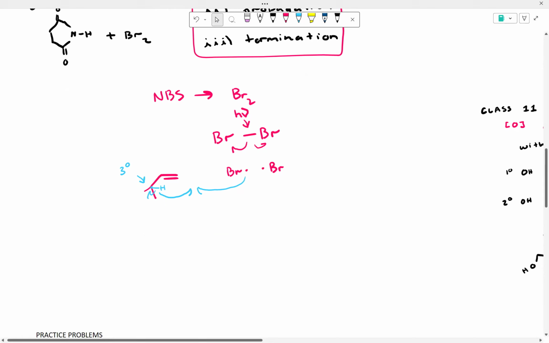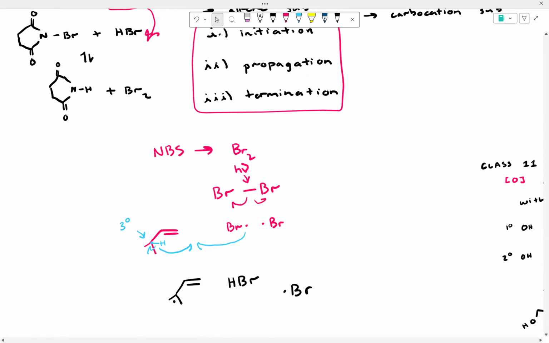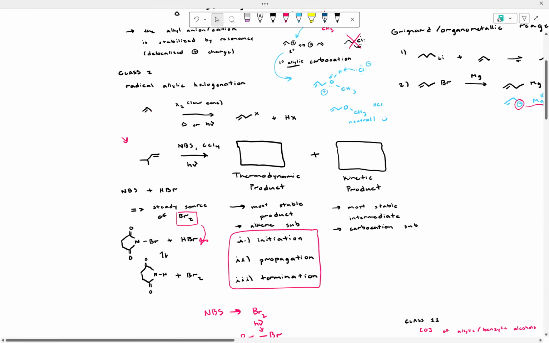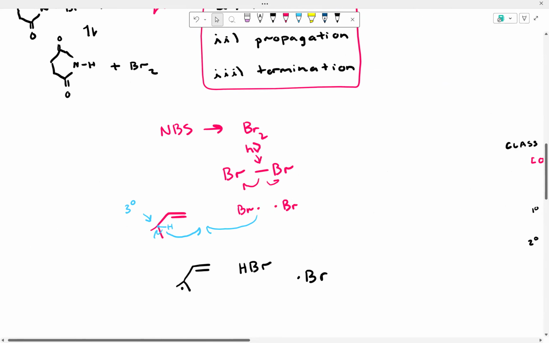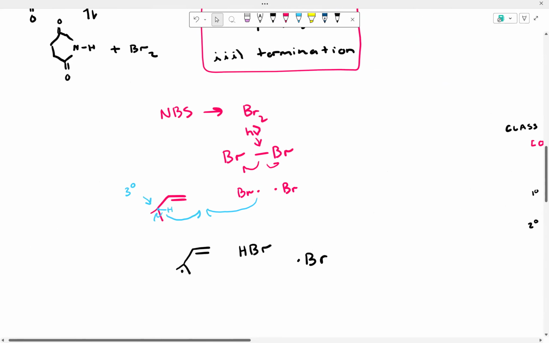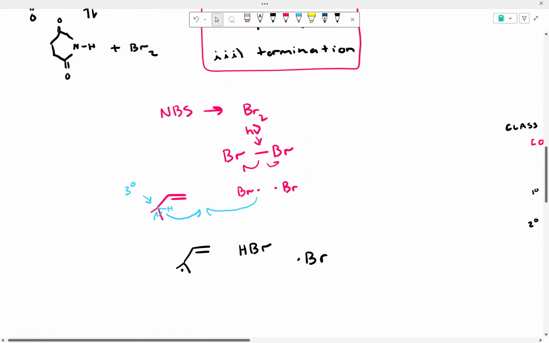This results in this and HBr. Right now, we have a radical on a tertiary carbon.